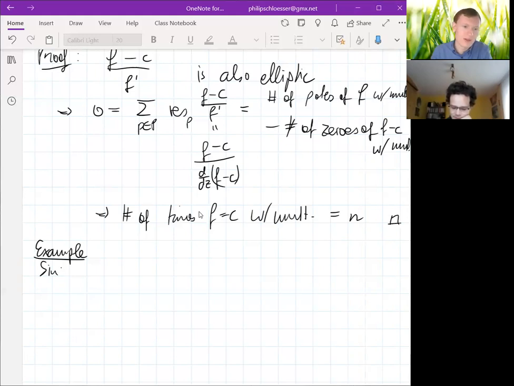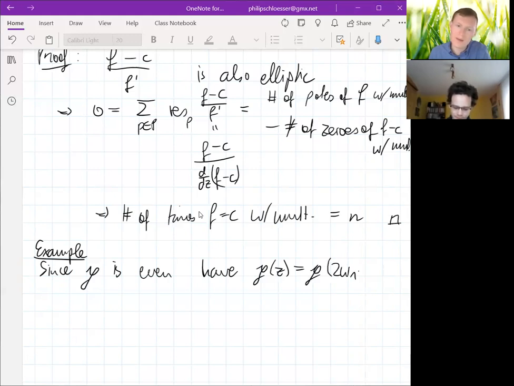So since P is even, we have P of z is equal to, well, due to periodicity, we can add a period. In particular, we can add our fundamental periods.